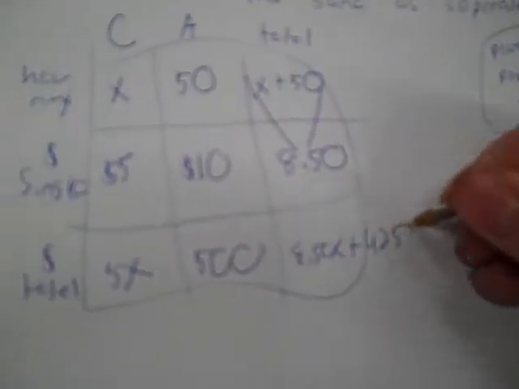Okay, now what I want to know is how many pounds do they have to sell to get total together to make these equal out? Okay, they want to make the same when they mix them as they do separately. So basically I want to know when 5x plus 500 is going to equal 8.50x plus 425. So my x's, there's the same kind of x, so get those together.